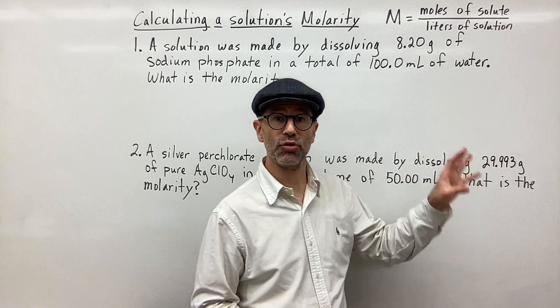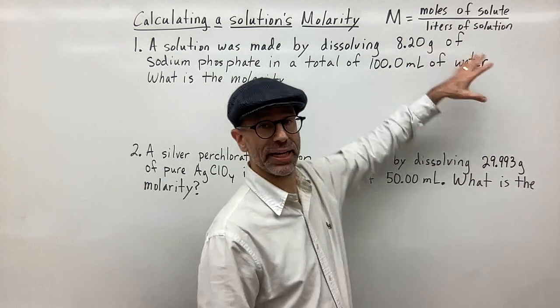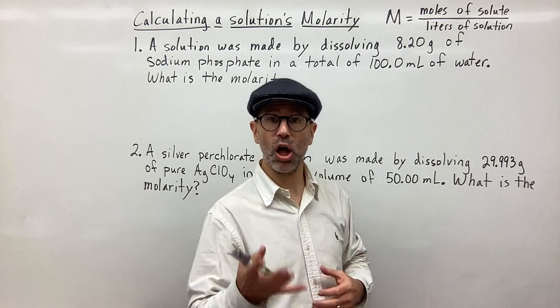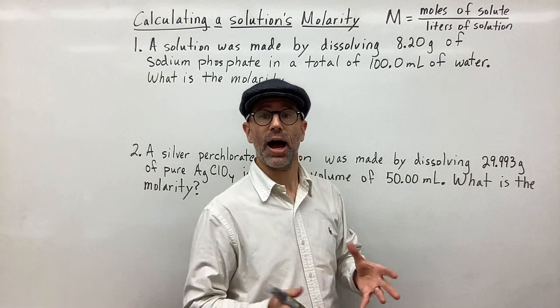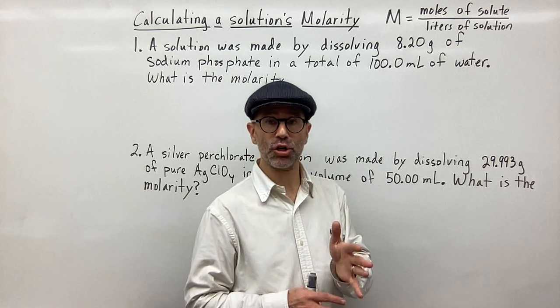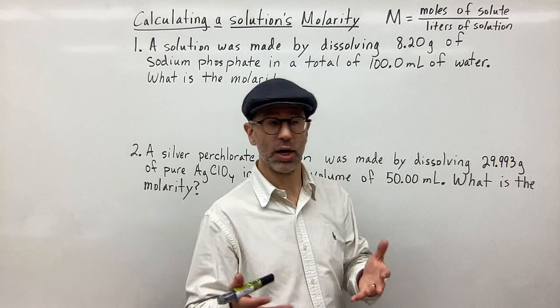So I have moles of the substance that's dissolved, and the solution is basically the solvent and the solute together. The solvent is what's doing the dissolving. So I want to get the liters of the solution, which is the solute plus whatever the solvent is. Most of the time, it's water.